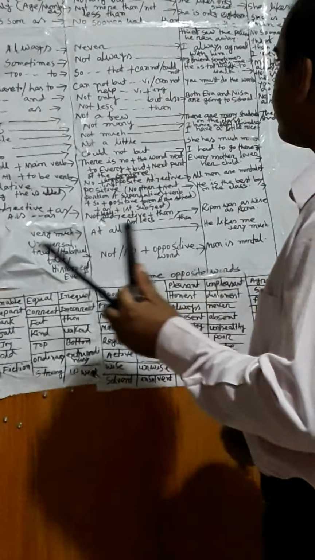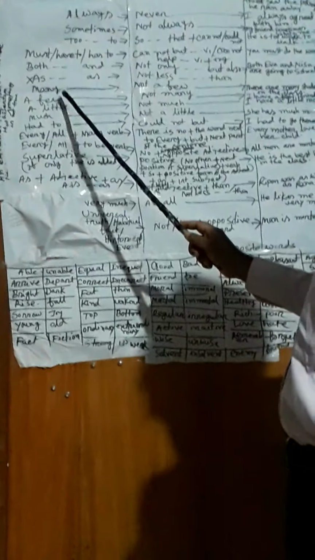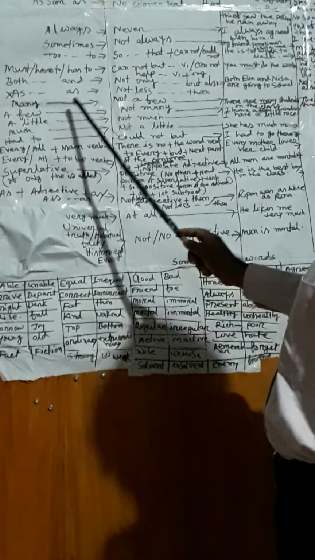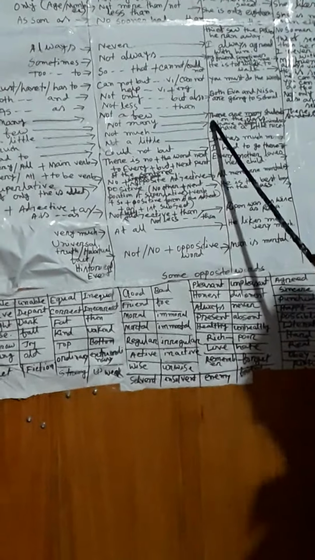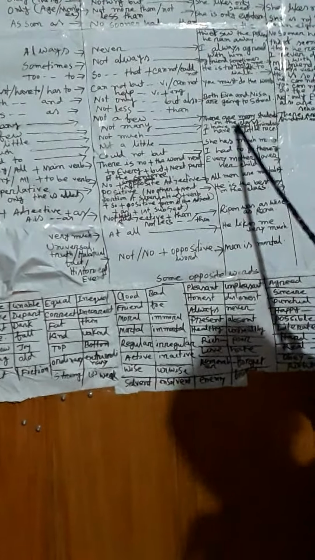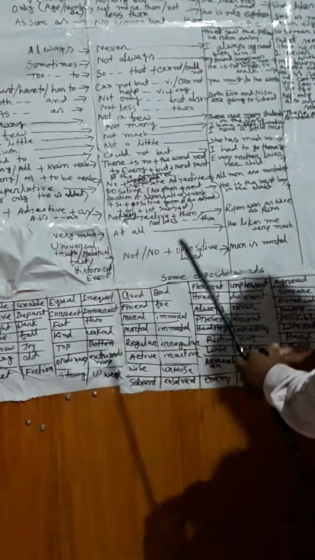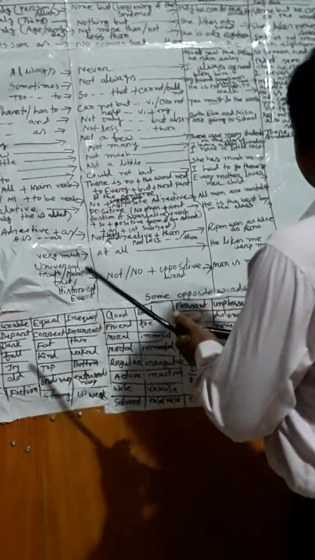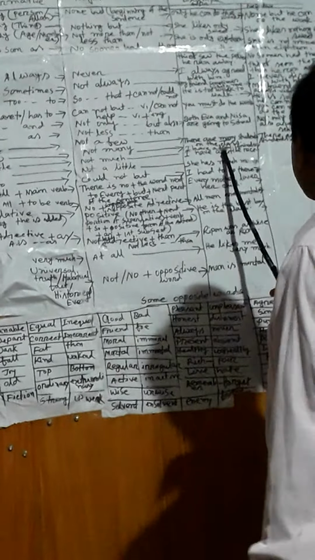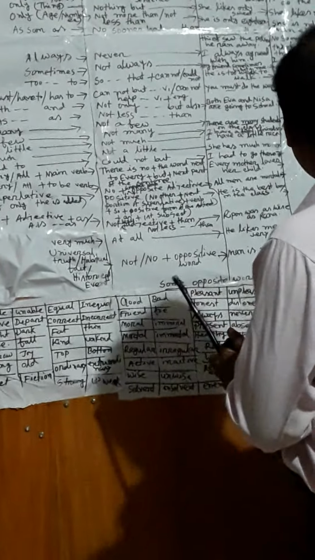Next rule, if you find a few in an affirmative sentence, then you have to put not many in a negative sentence if you want to change it into a negative one. For example, I have a few friends. A few will be turned into not many.